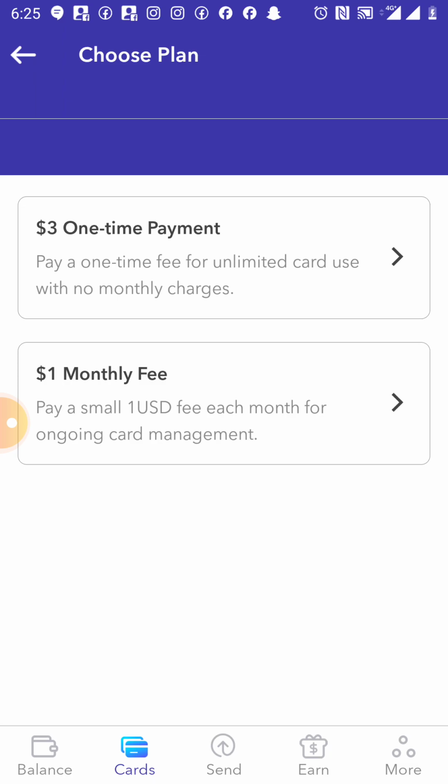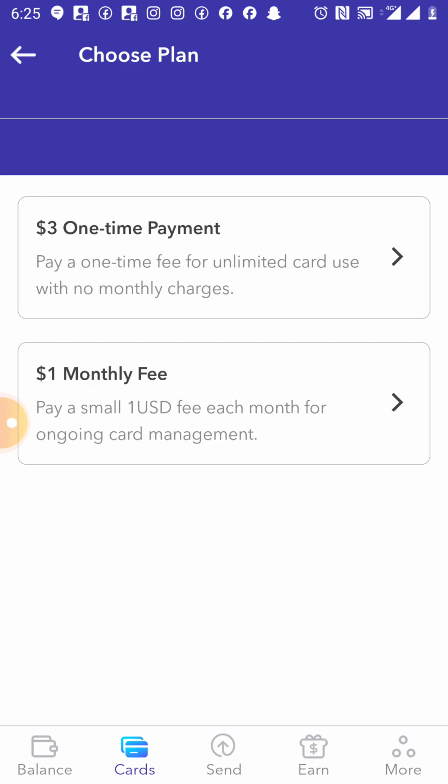We want to create a card that we are going to use for several transactions, and we don't want it to expire. Maybe we are going to use it to verify PayPal, to verify Payoneer. You get it? So we need a card that is not for one-time use, and we do not want to be charged every month, because it is cheap.